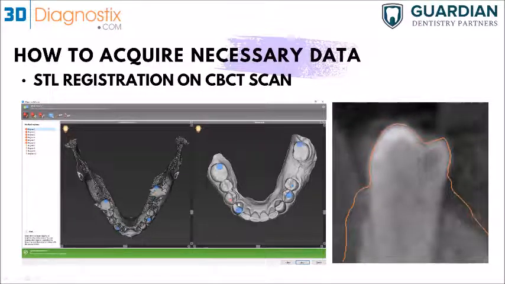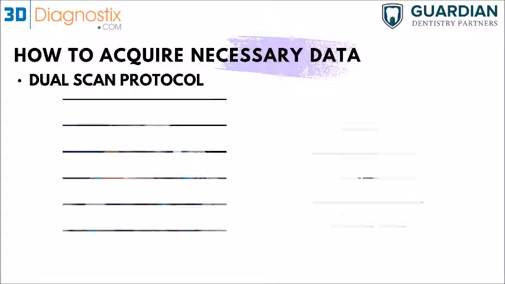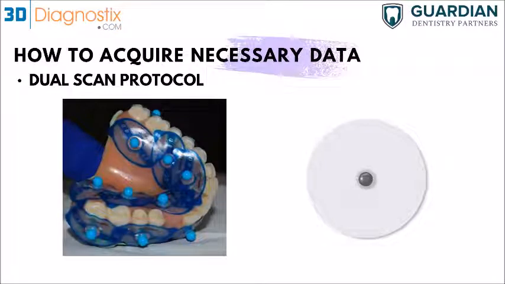And we use point registration, so multiple points on both sides, just to make sure that both sides match fine. And once we've got a good match, we can then use that match or use the STL to design a surgical guide.